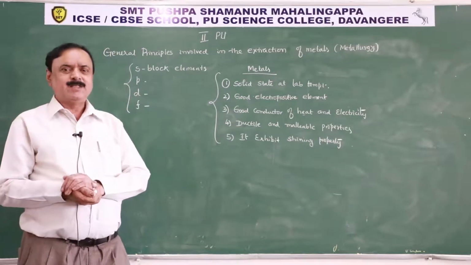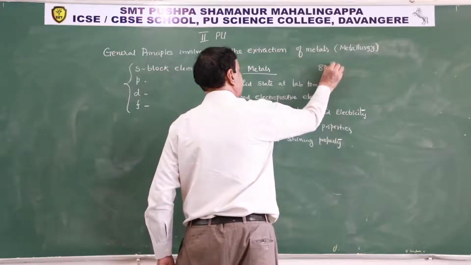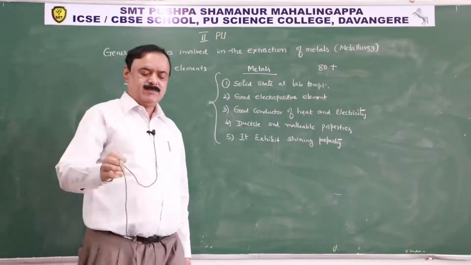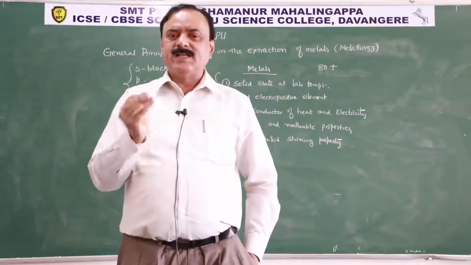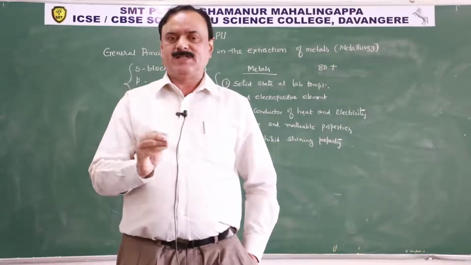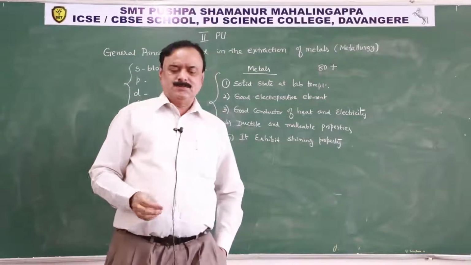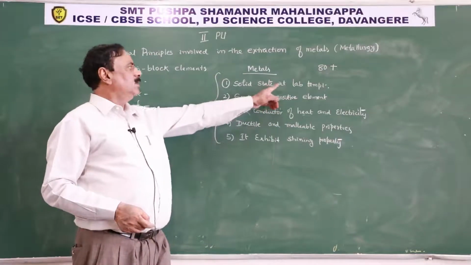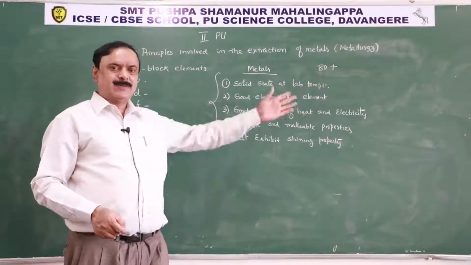Now, 80 plus elements in the modern periodic table, meaning more than 80% of the elements in the modern periodic table, exhibit metallic property. Is it clear? Now, exceptional cases are there. One is a liquid metal at lab temperature, that is mercury.